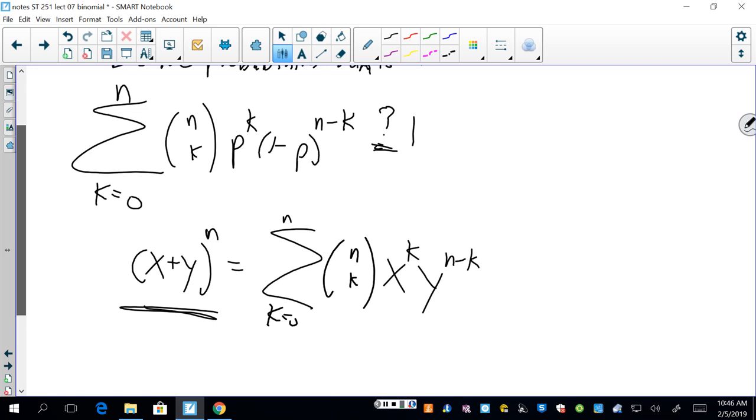So these look similar. Maybe we can choose values of x and y to match this problem. So if we believe this is true, because of the story problem type of thing that we said, why would the other one be true?